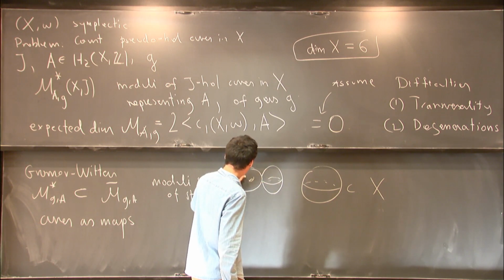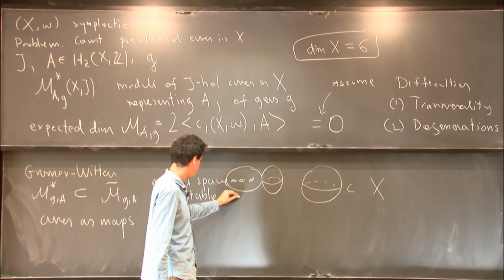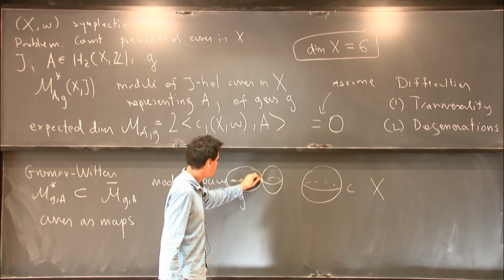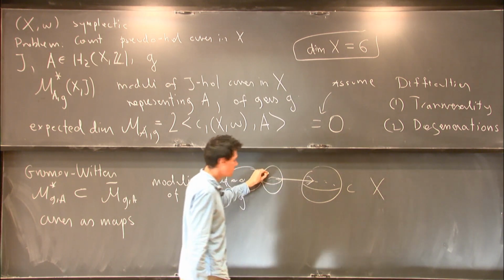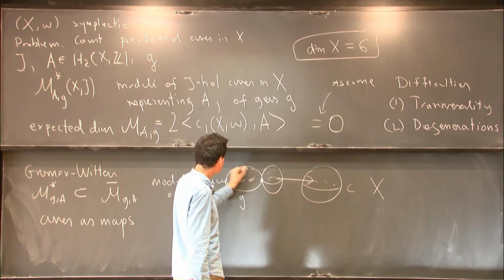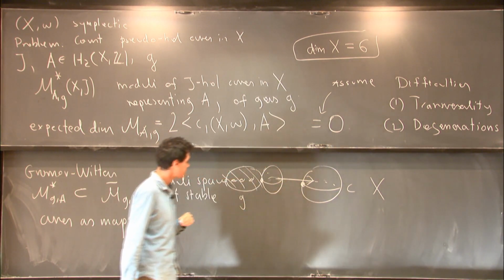Namely, you take any curve of higher genus here, and you consider this singular Riemann surface, and a map which is an embedding of this component, and simply a constant map taking values in some point here.